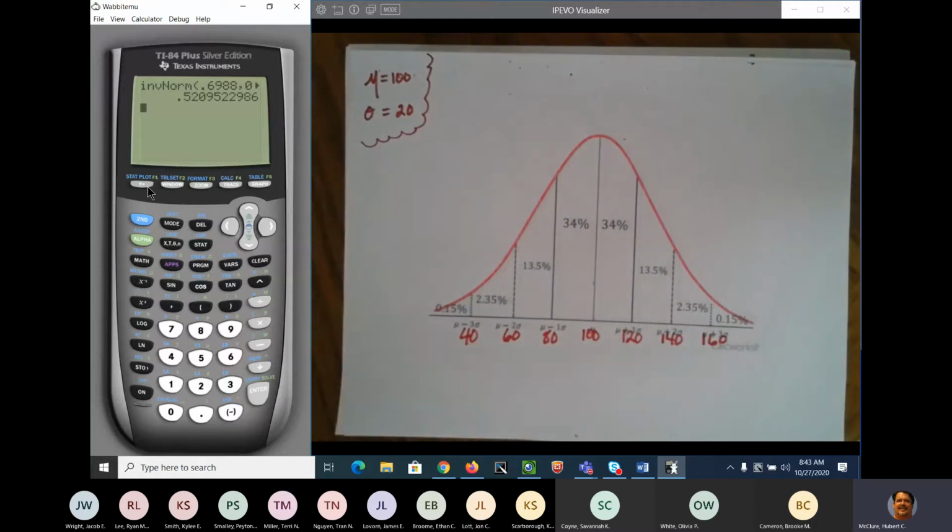The difference between this type of problem and the one we did a few minutes ago is that the numbers are not going to be z-scores anymore. Now they're x, in other words, a test score of 120 or a test score of 80.